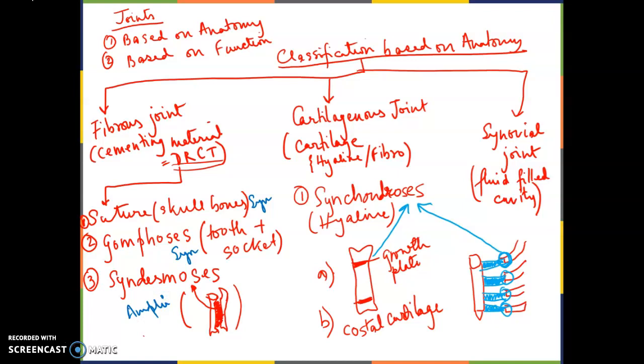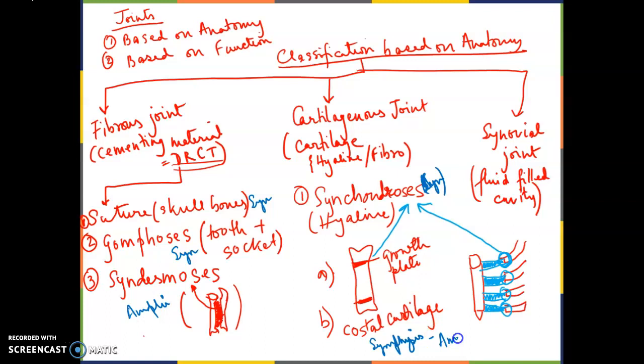Cartilaginous joint. The first one is synchondrosis. This is not movable. So synchondrosis is synarthrosis. And then symphysis. What do you think about symphysis? Symphysis is slightly movable. Remember, the pubic symphysis slightly moves in females during childbirth.